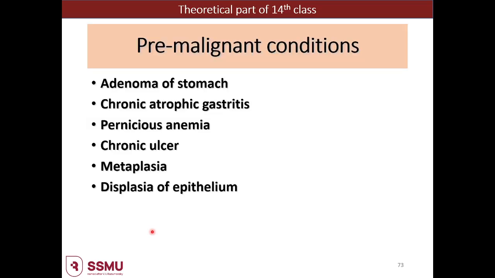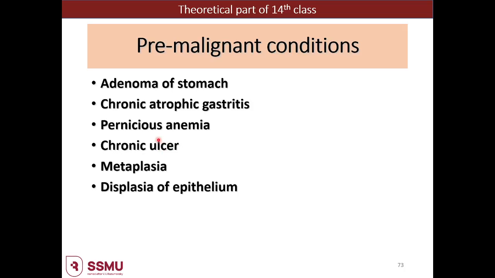Cancer of the stomach. Premalignant conditions: adenoma of the stomach, a benign tumor of the mucous membrane. Chronic atrophic gastritis, which we have already discussed today, is gastritis type A, associated with an autoimmune reaction against the glands of the stomach. Pernicious anemia is B12 insufficiency anemia, associated with intrinsic factor of Castle.